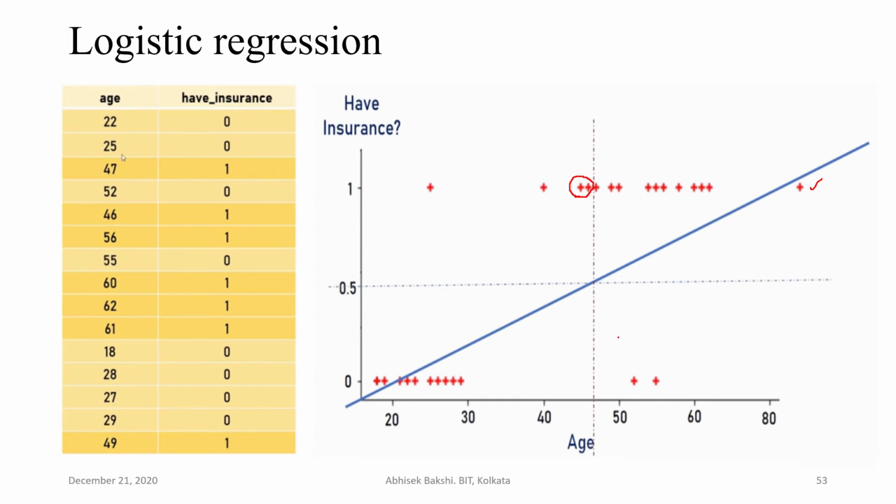So some persons having age lesser than or maybe equal to 45 will now come in this part. So the number of outliers has started increasing, right?